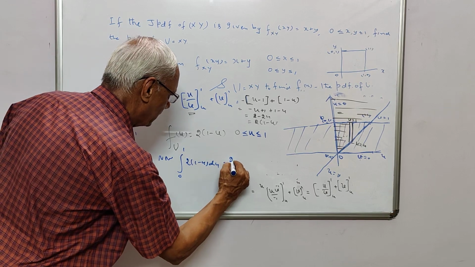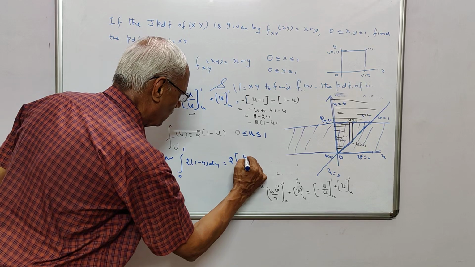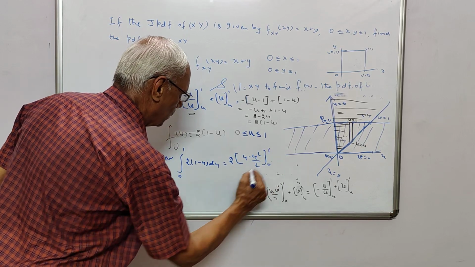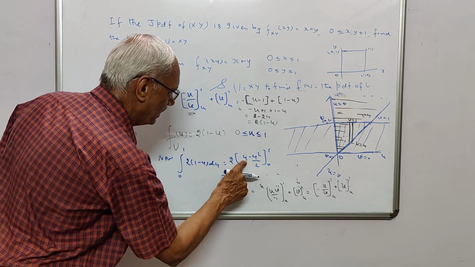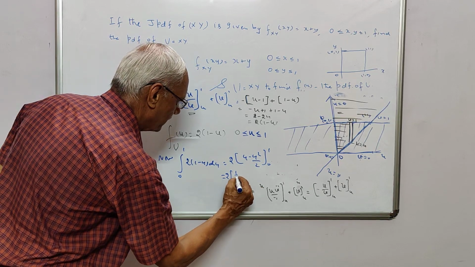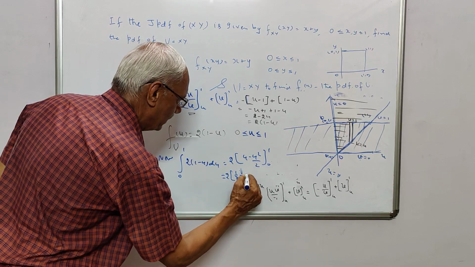How much will you get here? 2 into, so the integral of this is u minus u squared by 2, from 0 to 1. So if you apply 1 here, 1 minus half, it is half, minus, if you apply 0 it is 0.